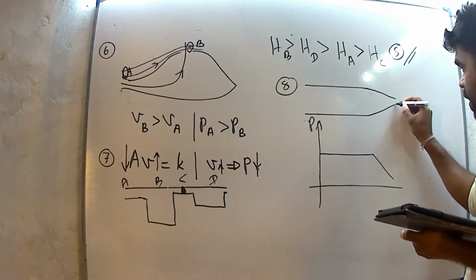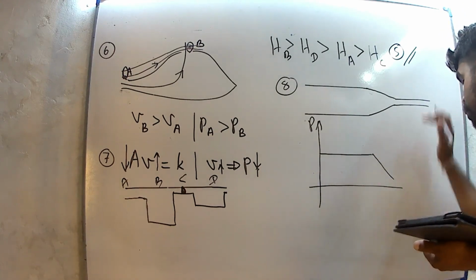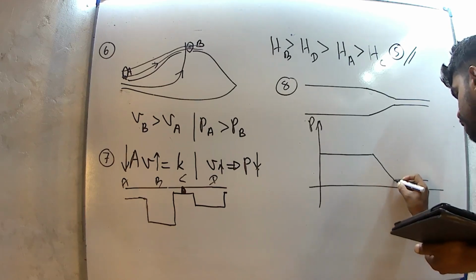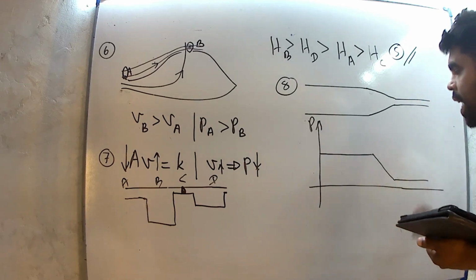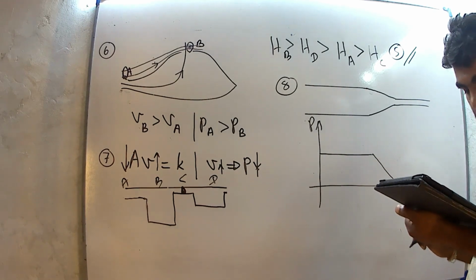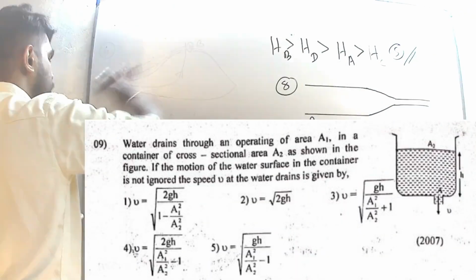And after this point, there is a uniform tube. It means there is a constant value for the cross-sectional area, then again pressure should be constant. Then the fourth one is the correct answer for question number 8. Question number 9.